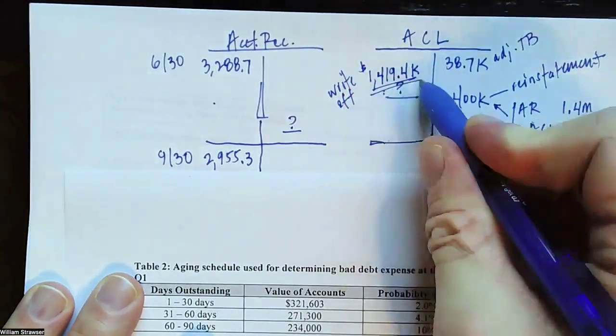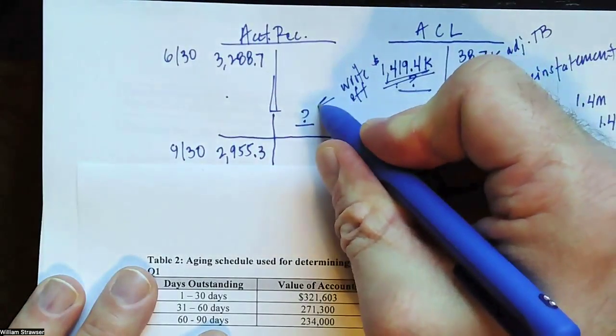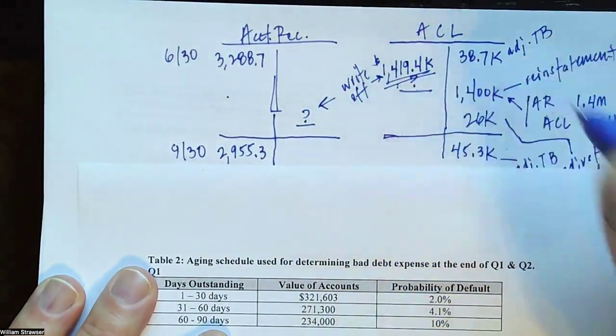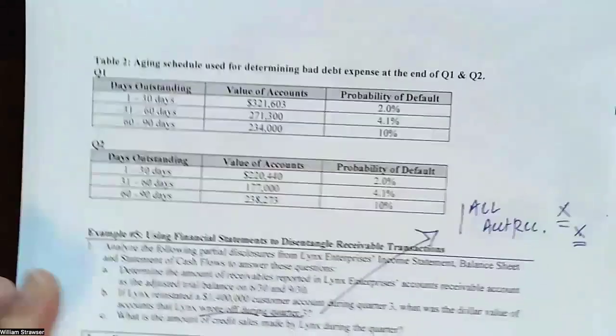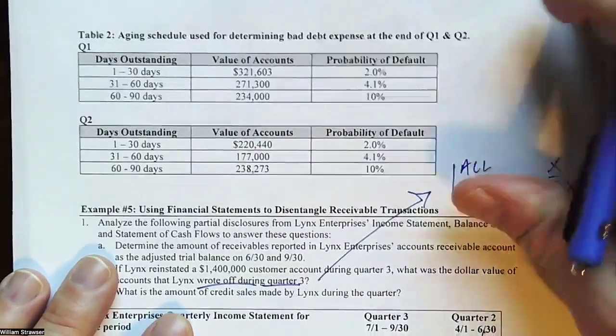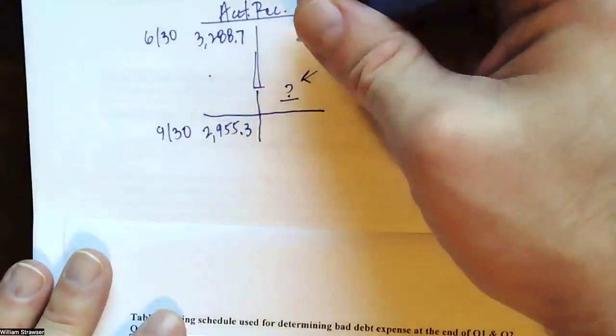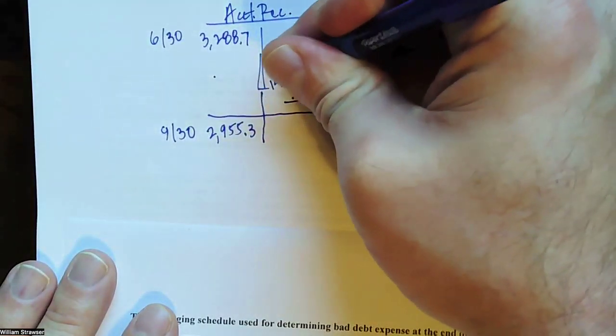This is the amount of my write-offs. Okay. Then my write-offs are also connected here. Because remember, how do I write off an account? I debit ACL for an amount, the same amount that I credit my accounts receivable. And so now I can place this piece into my accounts receivable account.